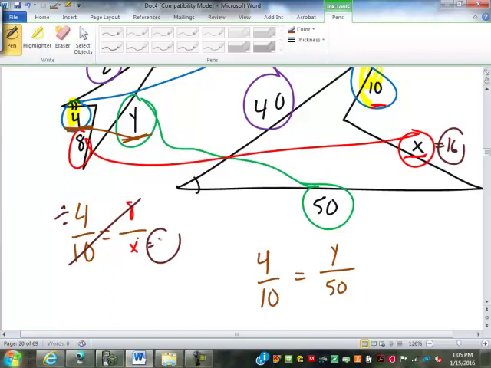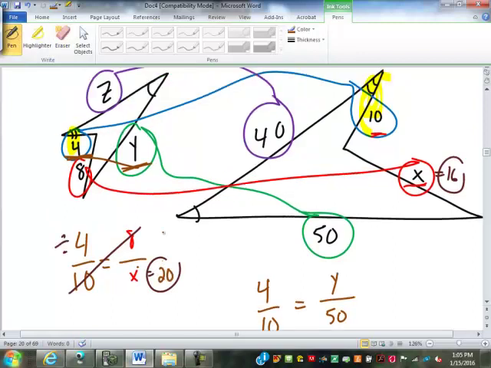Good catch. Hey Drew, you got Y and Z already? Yeah, Z is 100 and Y is 125. No. Look at them. Which one's bigger, Y or 50?